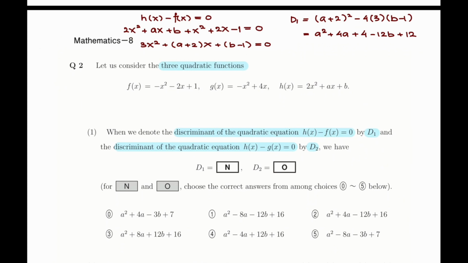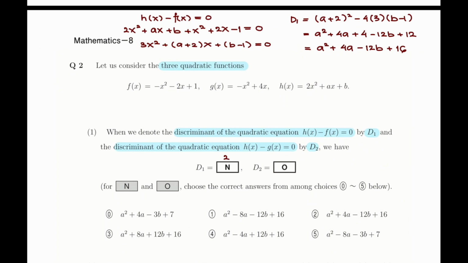If I rearrange it, I will get a squared plus 4a minus 12b plus 16. This is d1, so d1 is number 2.